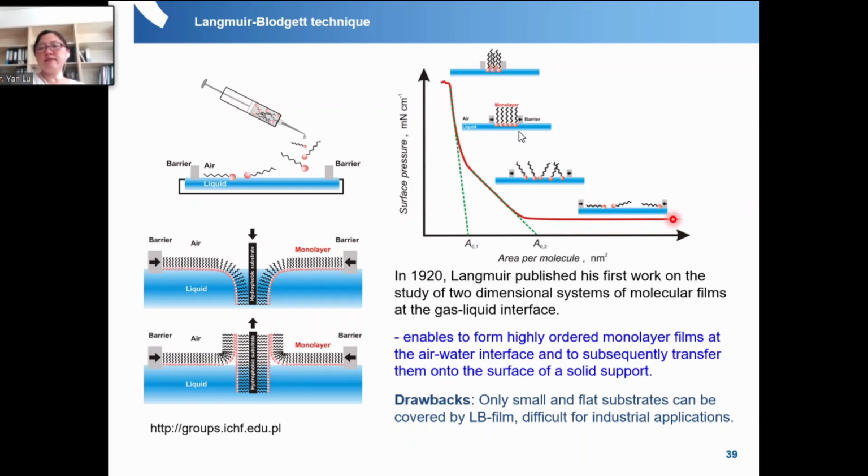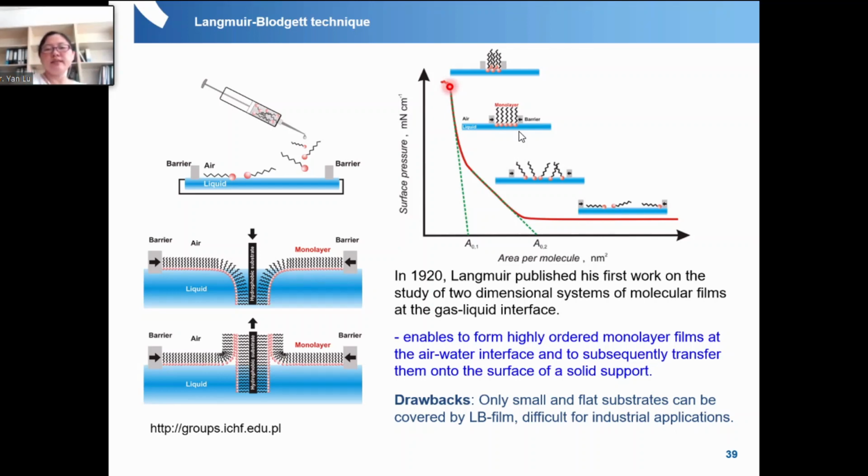So when they are too far away from each other, you do not have interaction with each other. Then when they get close, we see an increase of this surface pressure, so interaction. And then when they form a monolayer on the surface, you see a kind of constant concentration. Here I have already formed a monolayer.